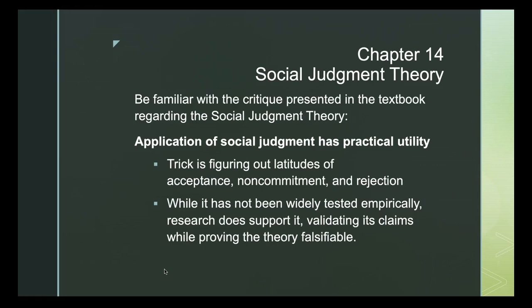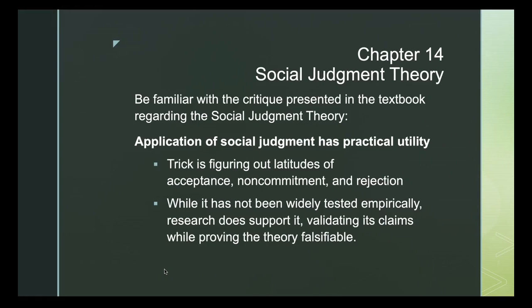And while it has not been widely tested empirically, research does support it and validates its claims, although they do show that it can be falsifiable, again, depending on the context and the background of the situations that occur within this theory. You can't say it's true for every single case, because that's impossible to do.